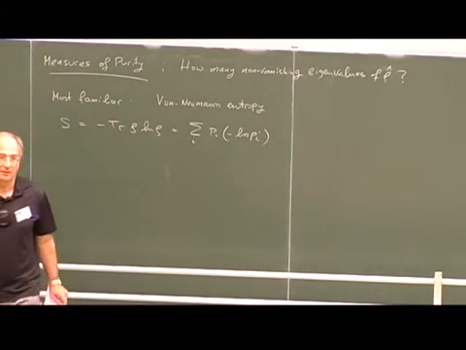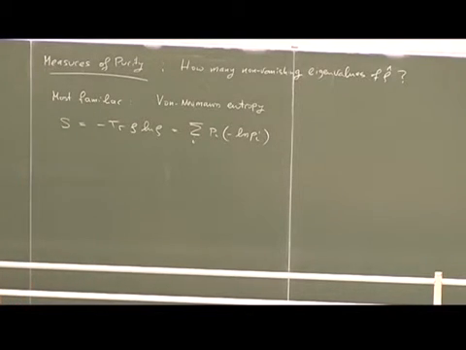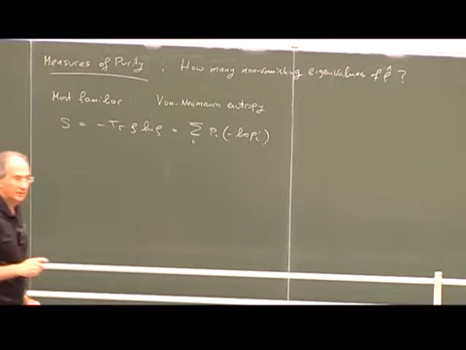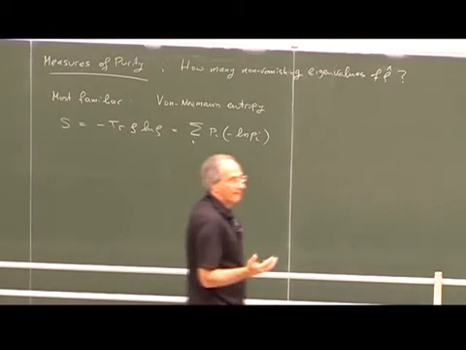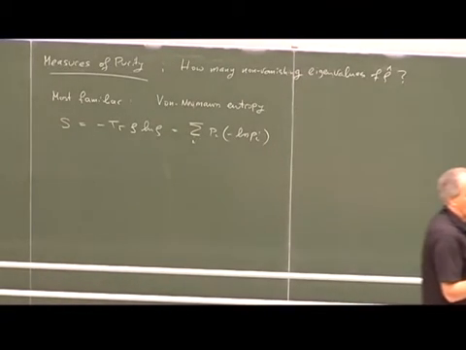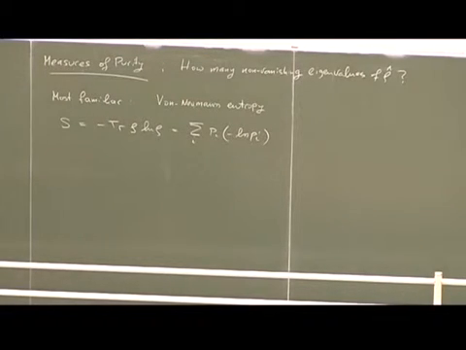The p_i's are the probabilities, and because they are less than 1, minus log is a positive quantity. Now, this is essentially telling you that if the eigenvalue vanishes, you don't get a contribution to this sum, and if it is non-vanishing, you get a contribution to the sum.